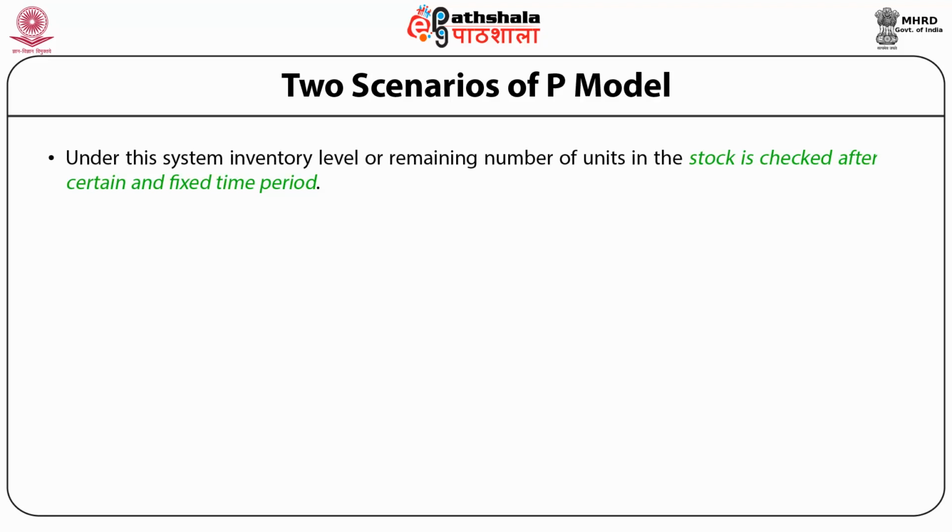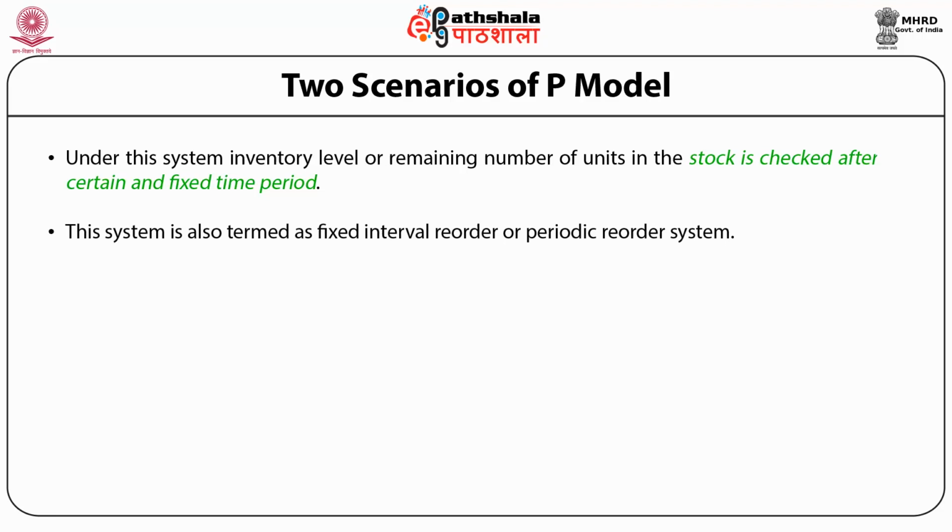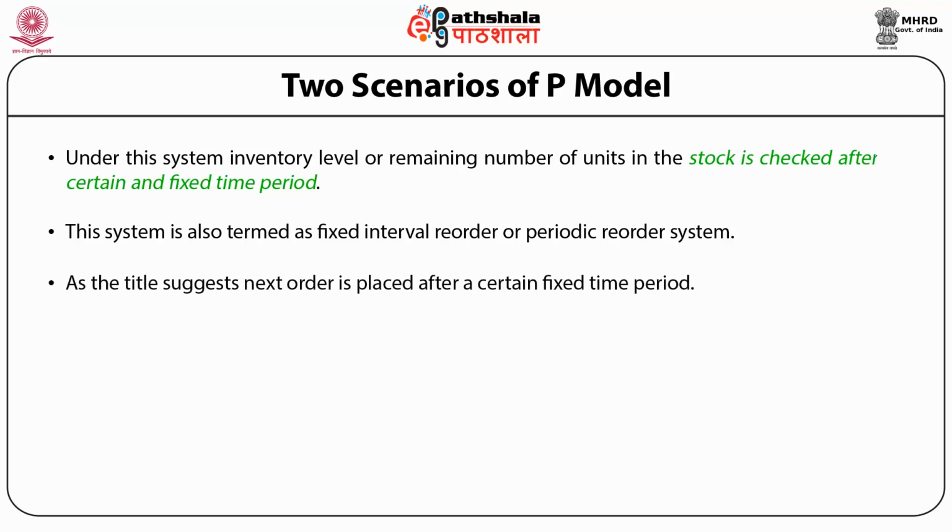Two scenarios of P model. Under this system, inventory level or remaining number of units in the stock is checked after a certain fixed time period. This system is also termed as fixed interval reorder or periodic reorder system. As the title suggests, the next order is placed after a certain fixed time period.